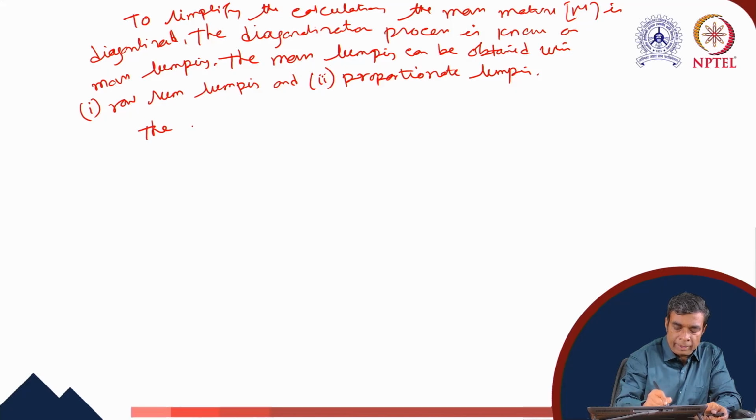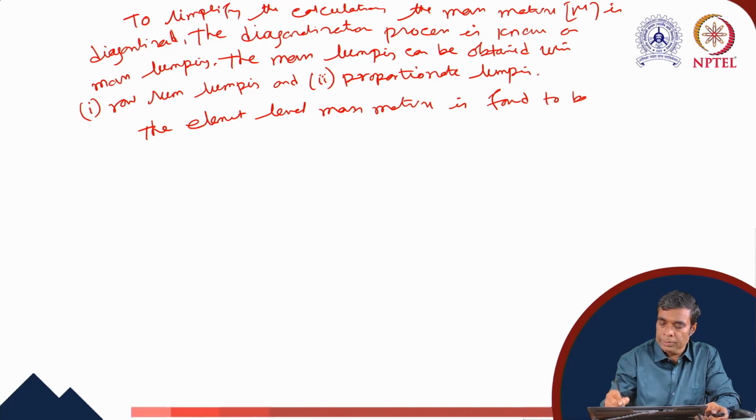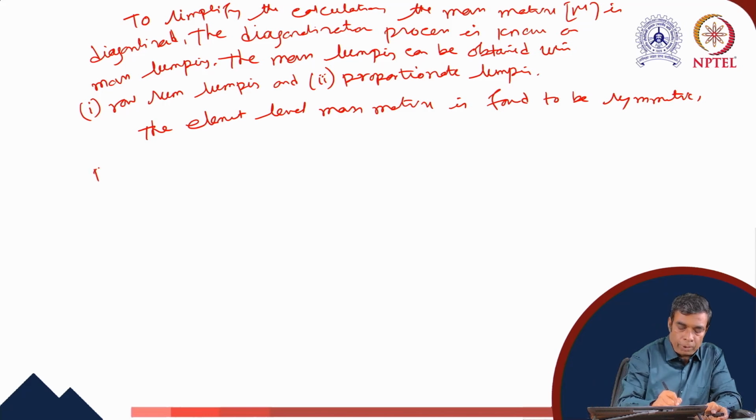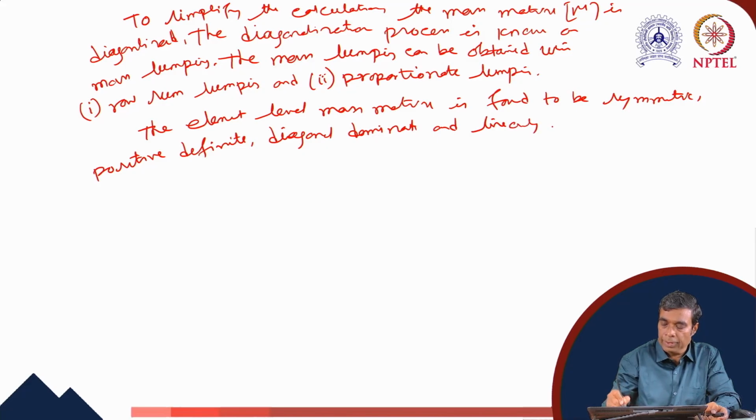The element level mass matrix is found to be symmetric, positive definite, diagonal dominant, and linearly independent.